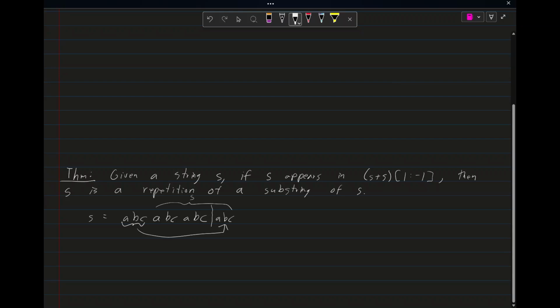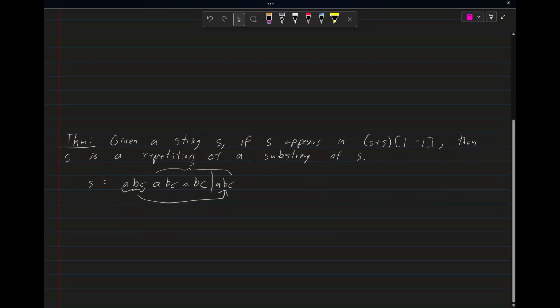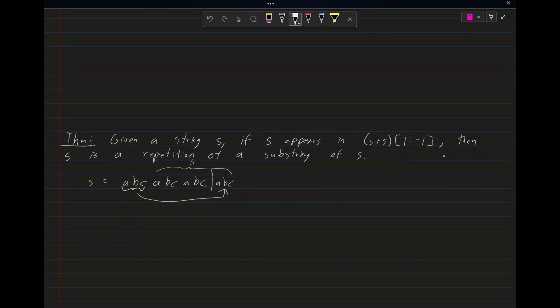And so one way to formulate this is that if you were to take S plus S and concatenate it with itself, then you would get ABC, ABC, then another copy of ABC, ABC, ABC.